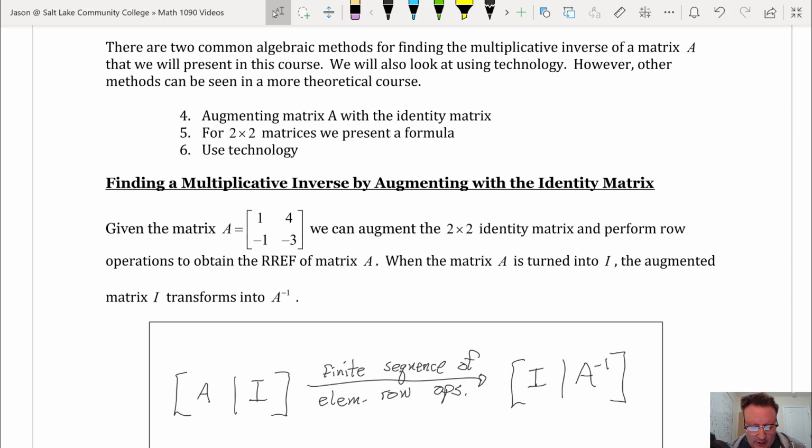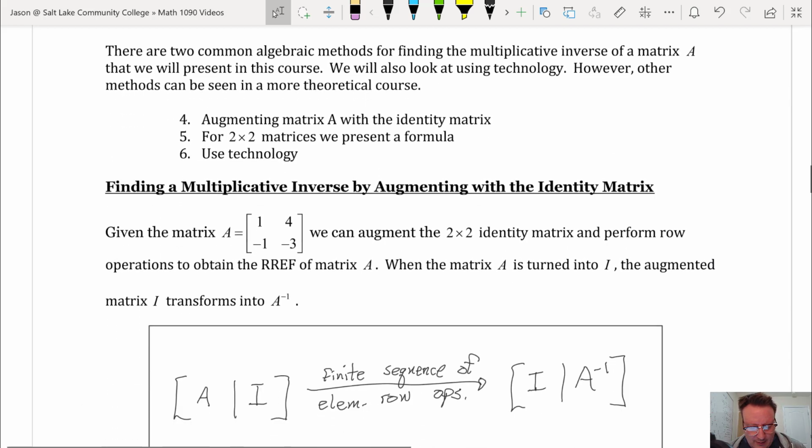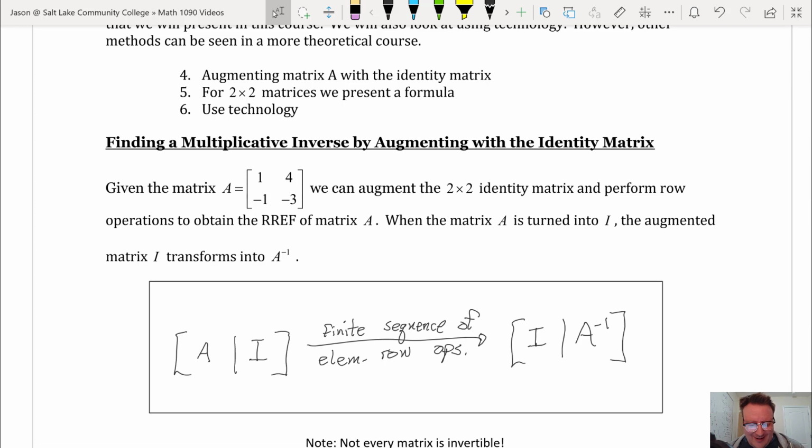But what we're going to show you is how to augment the matrix A with the identity matrix and then use that. And I'm going to show you a formula for at least 2 by 2 matrices.